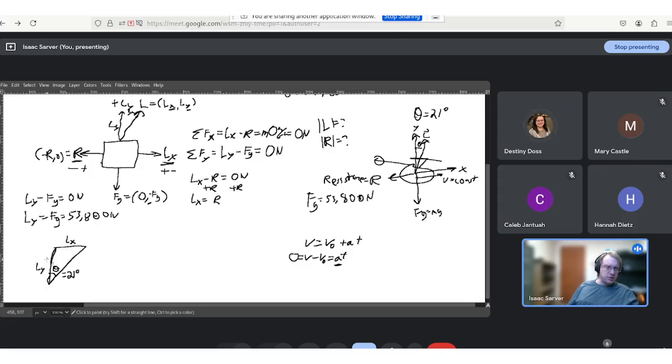Which of the trig functions has the adjacent and opposite? Cosine is adjacent over hypotenuse.